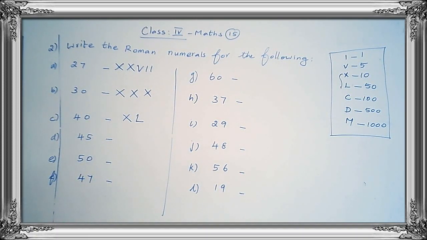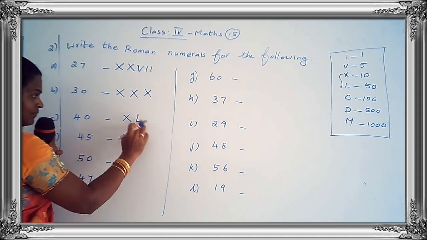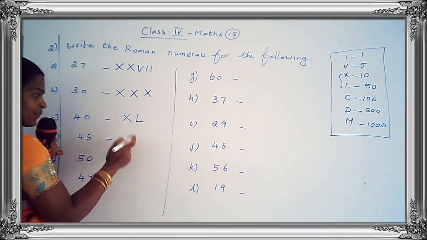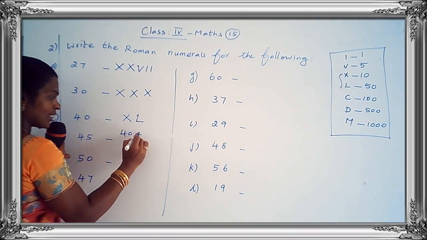Do you understand? Yes. Next, 45. 40 means XL. So 45 can be written as 40 plus 5.